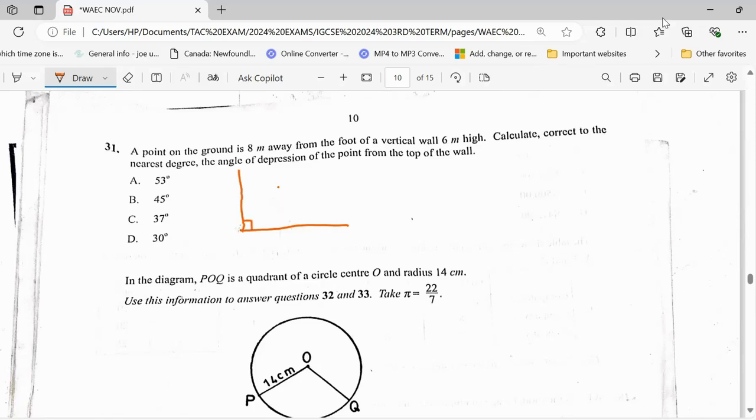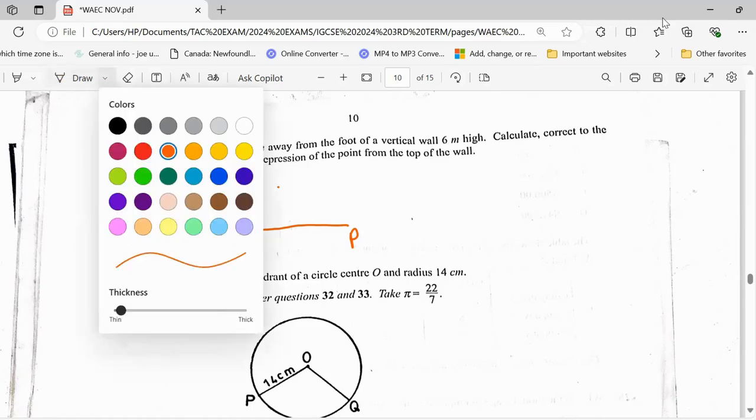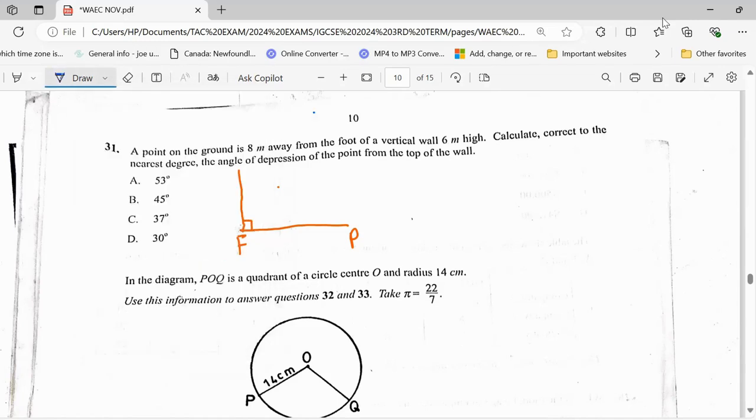And now we are told that this is the foot, and then this is where the point is. We are told here that a point on the ground is 8 meters away, so we have 8 meters here.